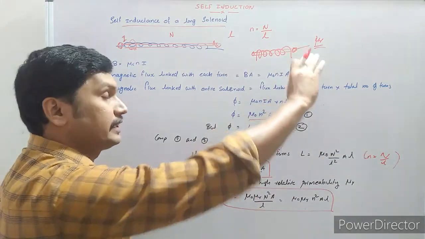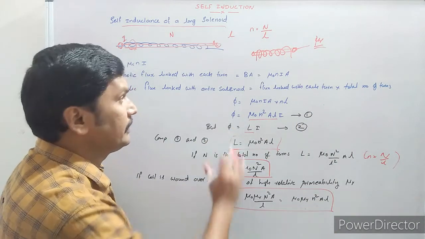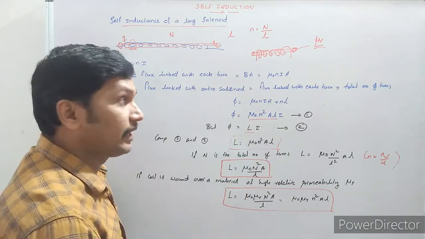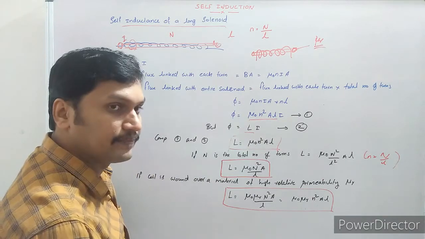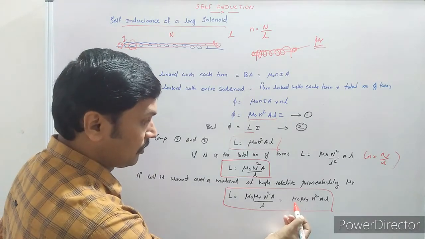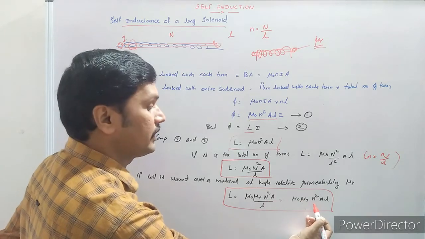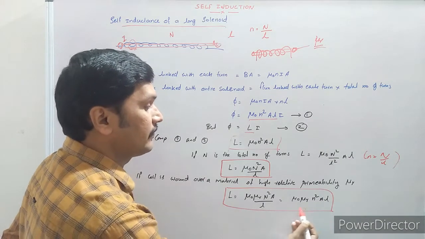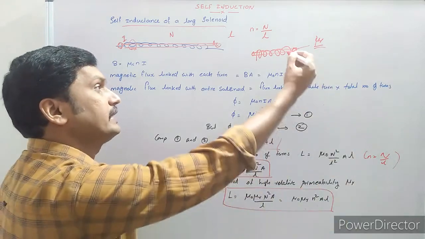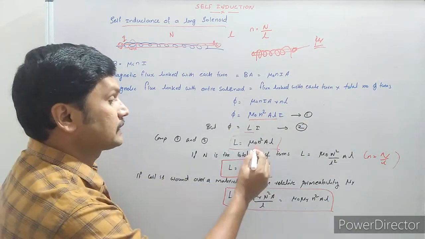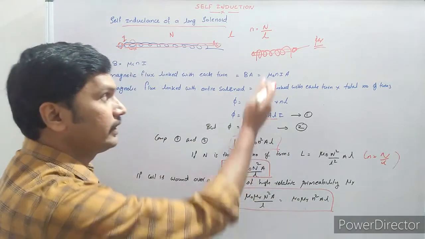Since it is a good magnetic material, mu r is very high. So the self-inductance of a solenoid can be increased by winding the solenoid on a material having high relative permeability. Or we can rewrite it as mu 0 mu r, using small n, the number of turns per unit length, n square A into l. That is the expression for the self-inductance of a solenoid where a core is inserted inside it. The earlier one is the expression for an air-cored solenoid, and this is for a solenoid with a material core.